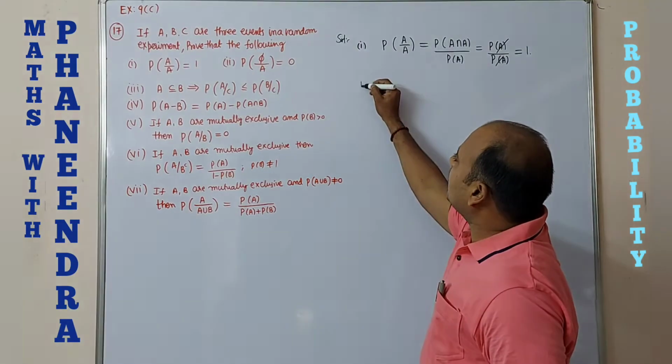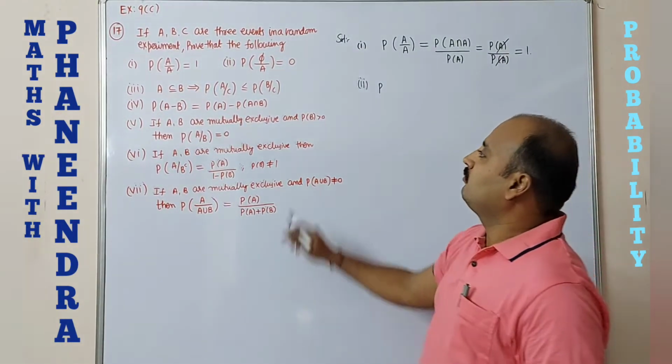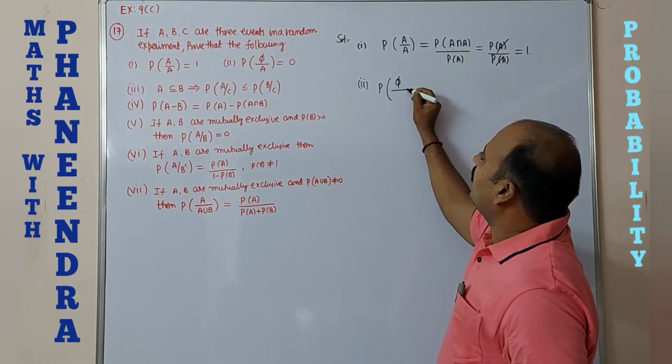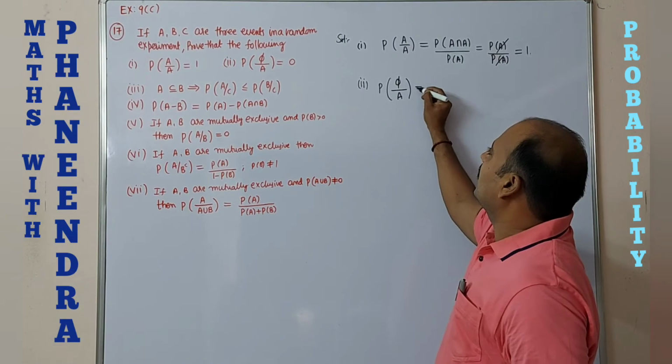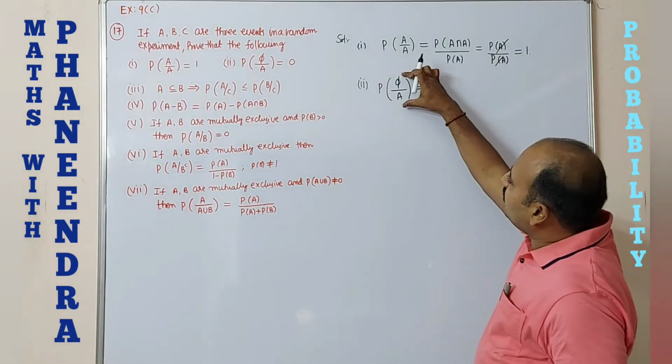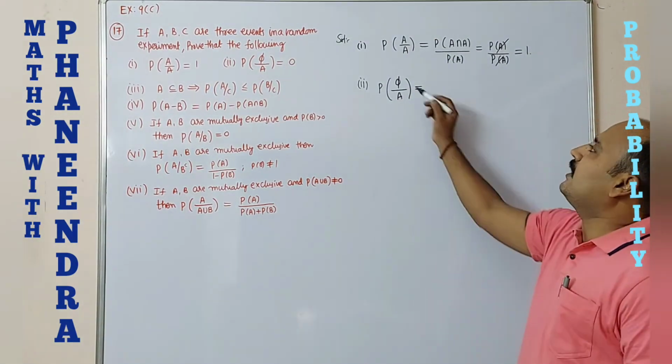Come to the second one. P of null set phi given A. So null set, how to write? The relation between null set and A, the intersection part of null set.